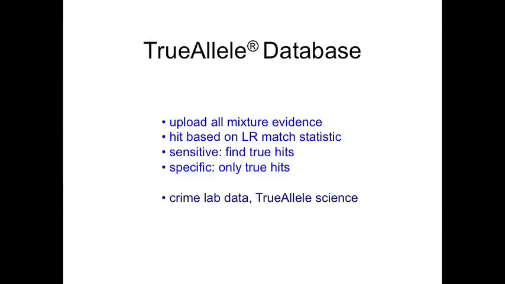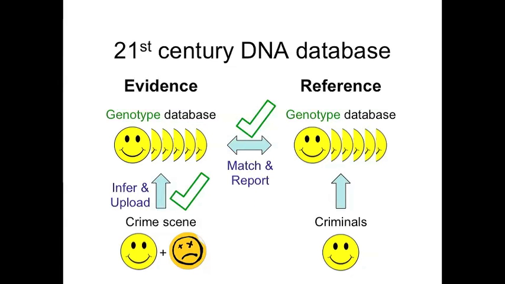It's using the probability, the match statistics. On good crime lab data, what will happen is you can restore that pathway. All mixtures can be uploaded as their component genotypes as evidence. And because they're now up there and the comparisons that are being made are using real math, you're not overcalling and you're making hits. And so now you can connect crime scenes to criminals.